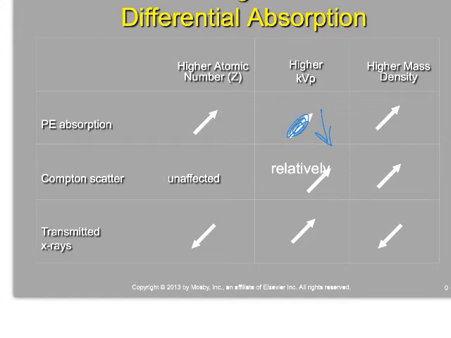So let's think about it this way. Let's start with a high kVp, right? And I want to make an X-ray of a patient using a high kVp. What's going to happen within the patient? Say I turn the kVp up to, in this imaginary situation, 200 kVp, and I'm going to make a chest X-ray at 200 kVp.